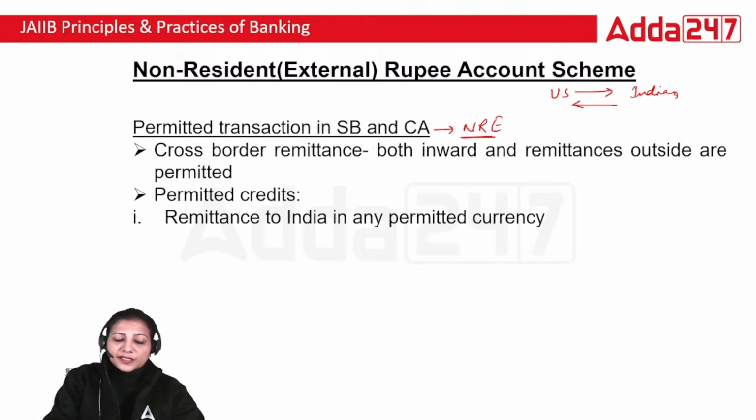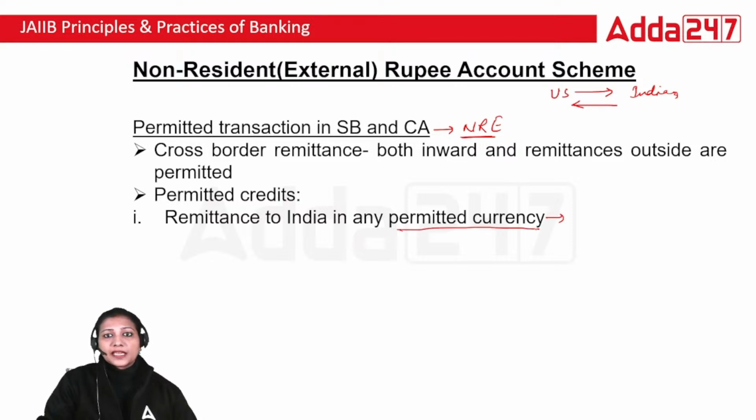Permitted credits will be remittance in any permitted currency. There are a few currencies permitted by RBI. There are so many countries and so many currencies, and not all currencies are allowed to get credited. That is why it is written permitted currency. There are a few convertible currencies for which RBI has exchange management provisions.